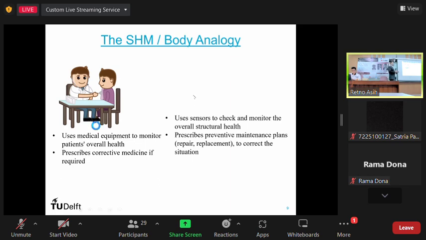Just to make it even simpler, you go to the doctor from time to time, or you check your health status to make sure that everything is going nicely. It's similar to this: we have our sensors and structural health monitoring that we are using to get the data and then make decisions for the maintenance plans, such as repair or replacement, and make sure that everything is in order.